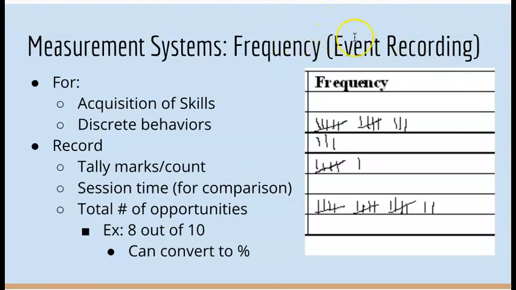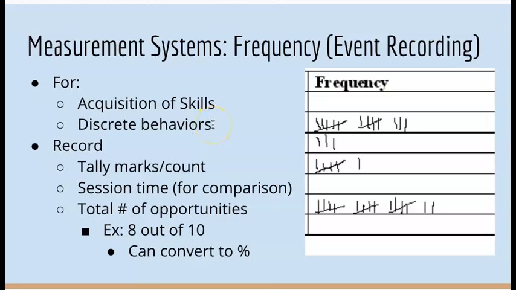Frequency and event recording refer to the number of items completed correctly. All right, so when we're talking about frequency or event recording, tally marks or counting, all of these are referring to the measurement of discrete behaviors, things that have a clear beginning and an end.